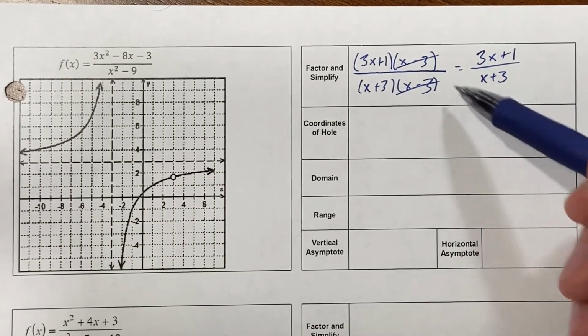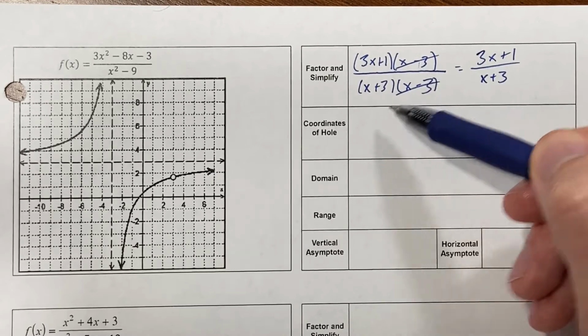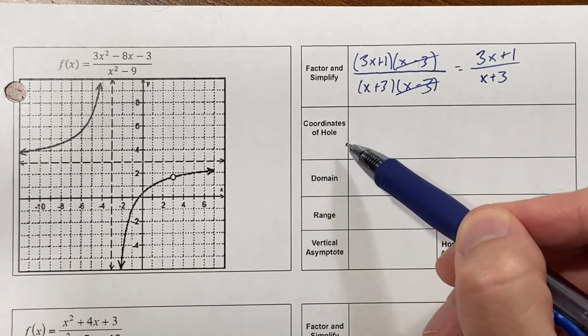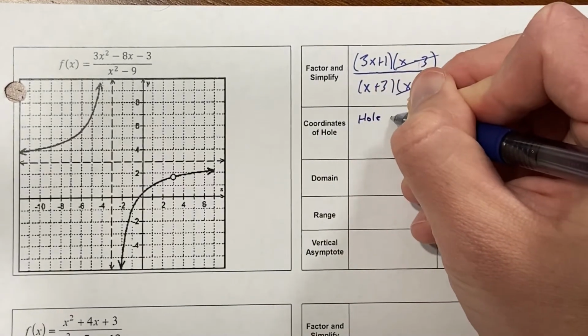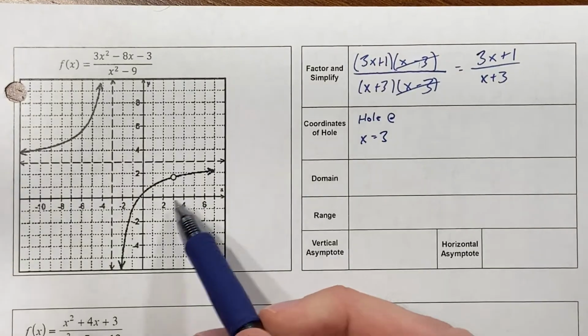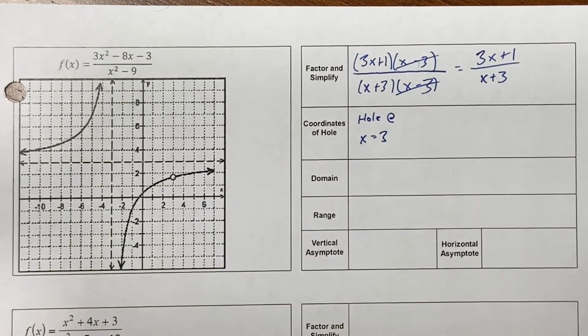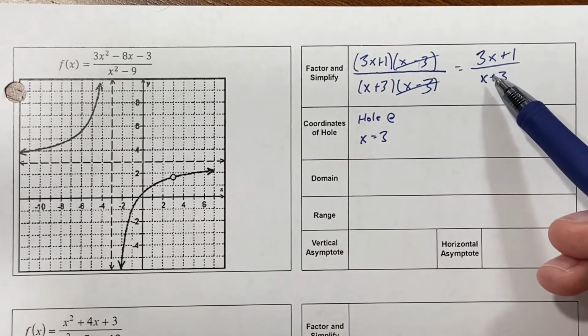And when I zap something like this, that means that's the x value of the hole. So I'm going to have a hole at x equals 3. Look there, x equals 3. There's a hole in the graph. If I want to find the exact coordinate of that, I would take 3 and plug it in right here.